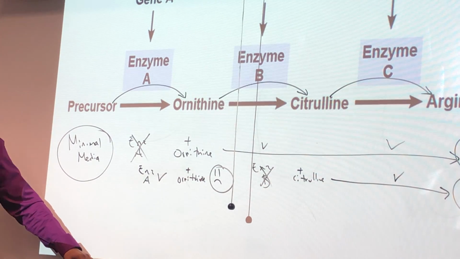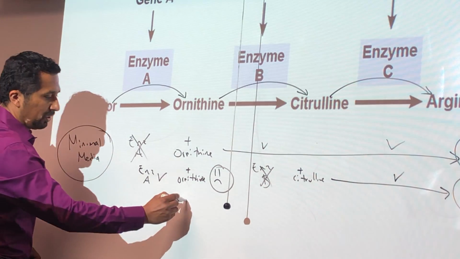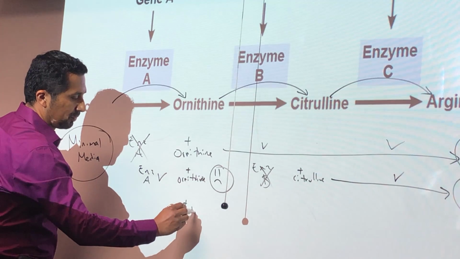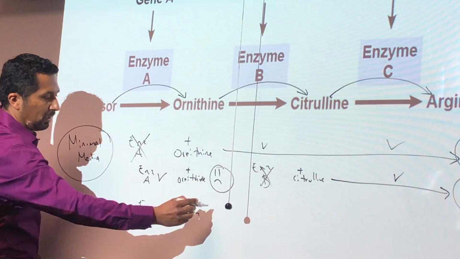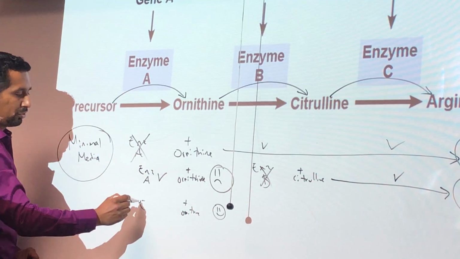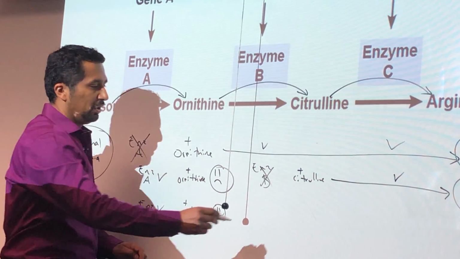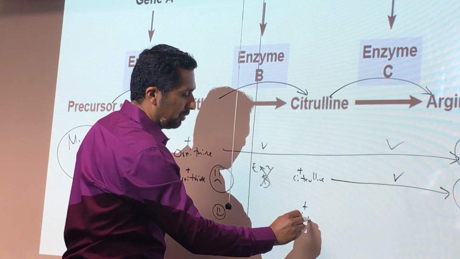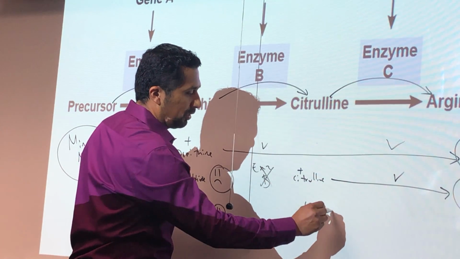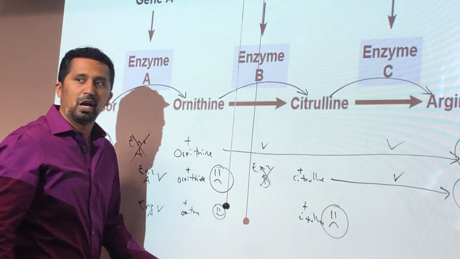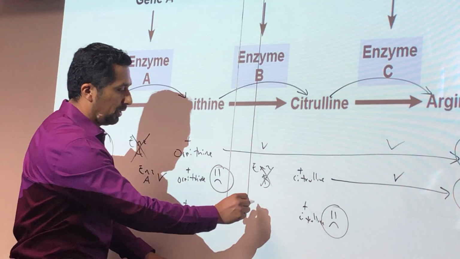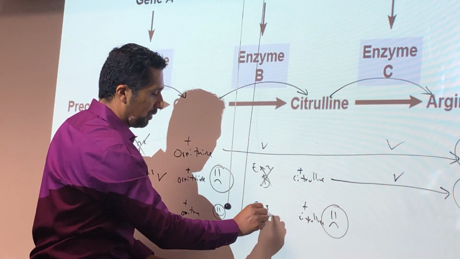Okay? Now, if you add ornithine and it lives, it grows, that tells you enzyme A is working. If you add citrulline and it doesn't grow, it dies, that tells you that enzyme B is working.